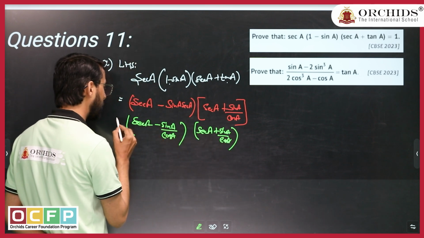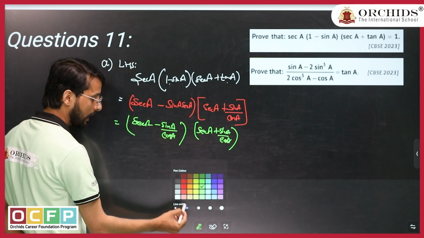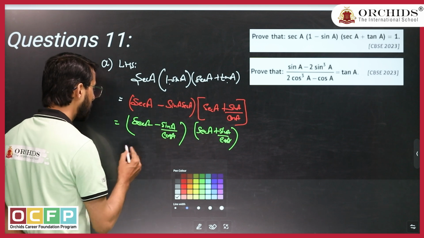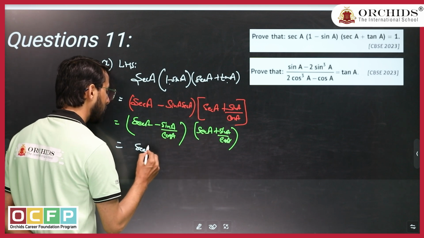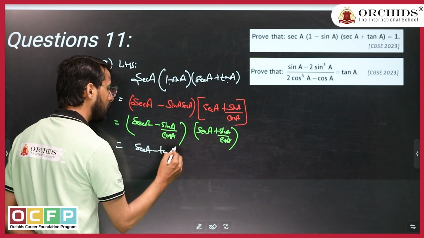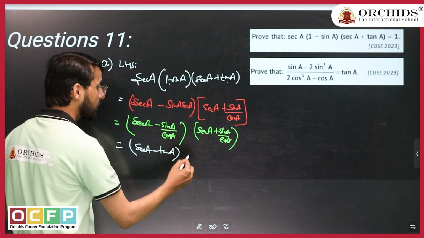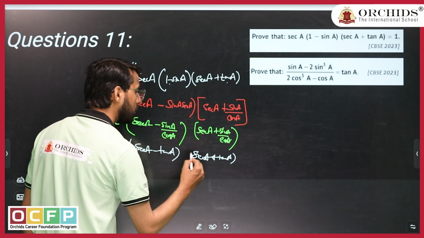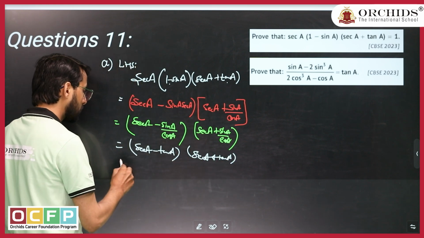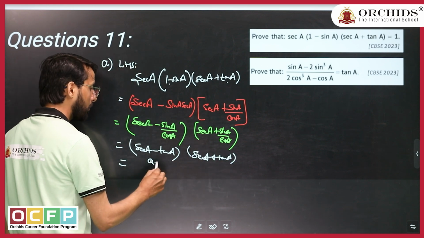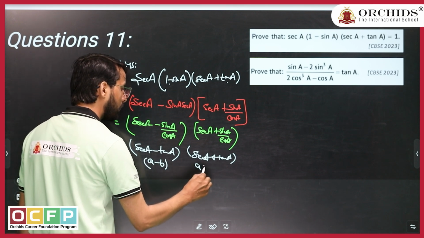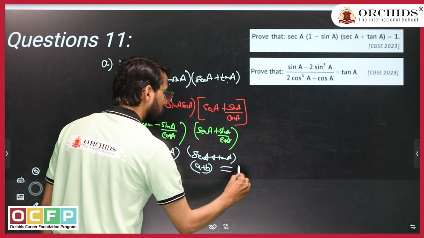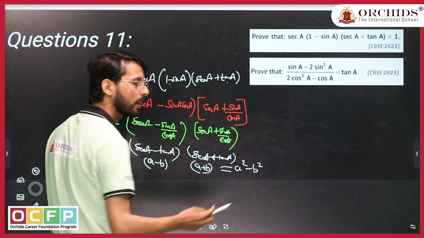What is sin A by cos A, guys? Sin A by cos A is nothing but tan A. So what I got is secant A minus tan A in the first bracket and secant A plus tan A in the second bracket. And what is this? This is A minus B and A plus B, so your answer should be A square minus B square.